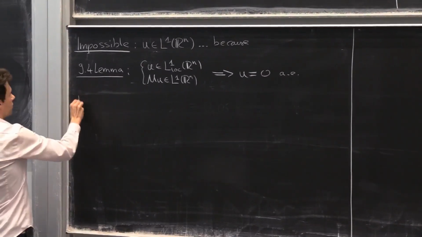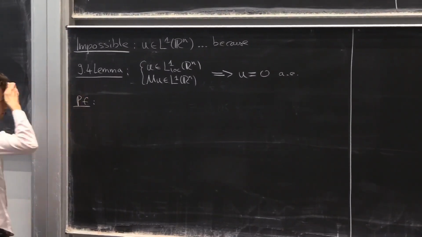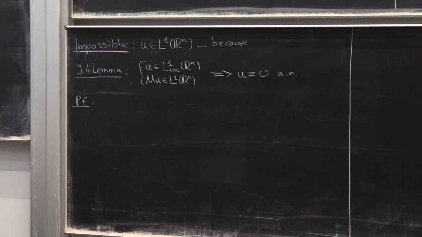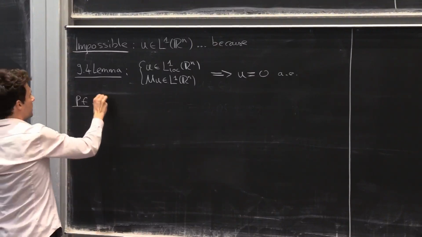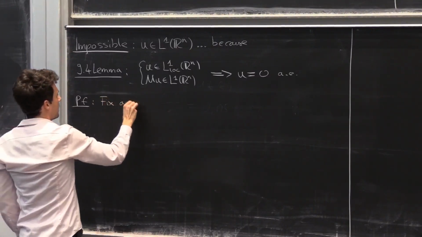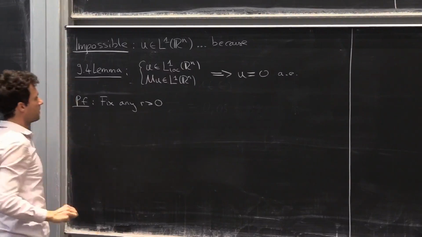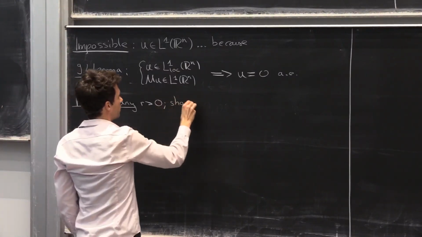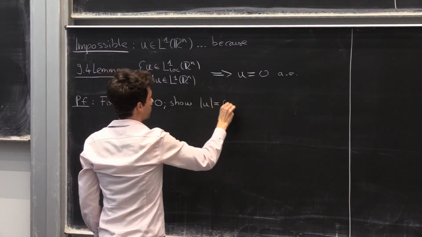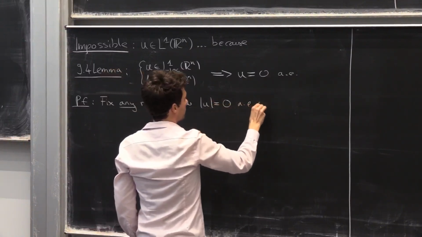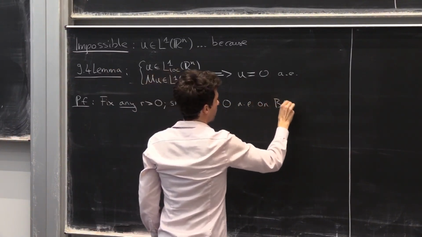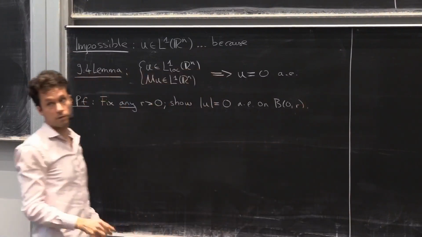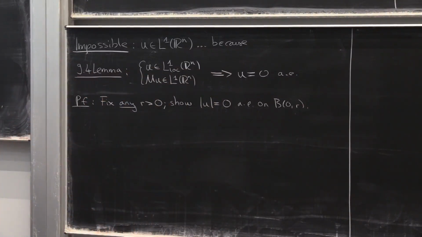And the proof is also not complicated. How does it go? So suppose I want to prove that u is 0 almost everywhere. I'm going to fix any positive number R, and I'm going to show that the absolute value of u is 0 almost everywhere on the ball of radius R around the origin.